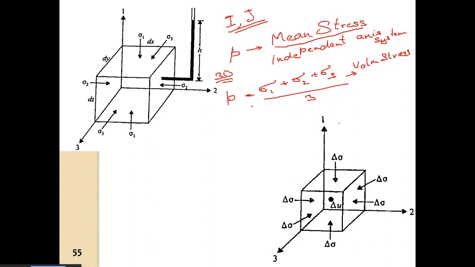So delta P, or change in P, will only result in increase or decrease in volumetric strain, so there will be no shearing in the sample.